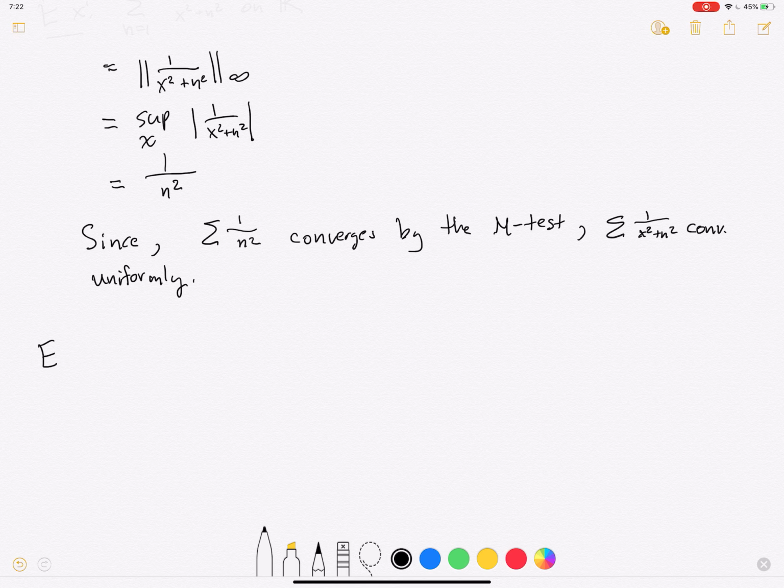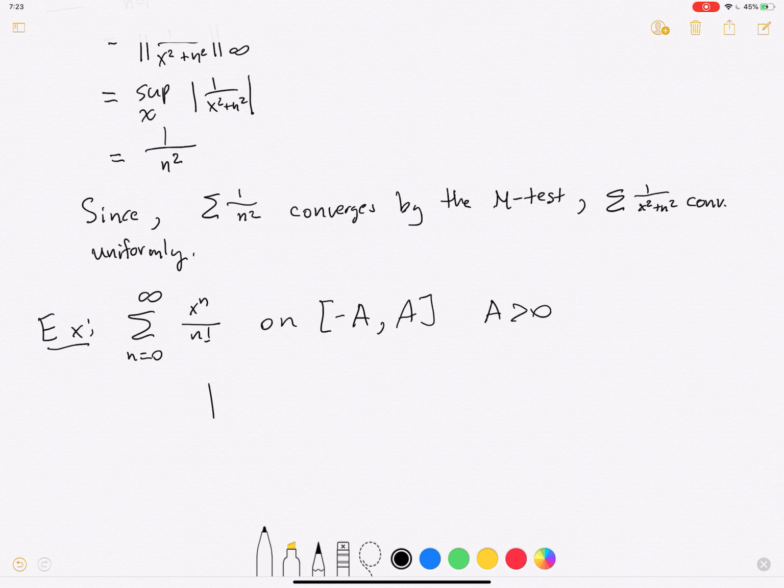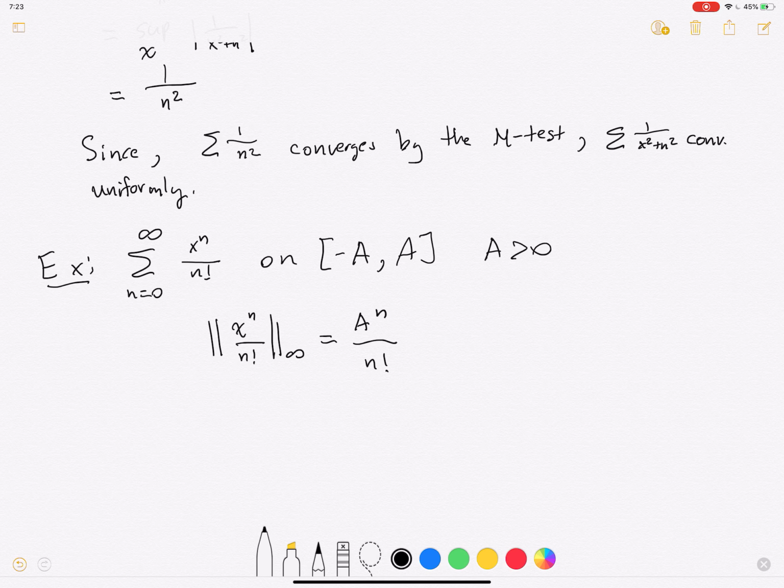And finally, if you take the sum from n equals 0 to infinity of x to the n over n factorial on the interval from negative a to a for positive a, then that infinity norm will be a^n over n factorial, and the sum of those a^n over n factorial converges by the ratio test.